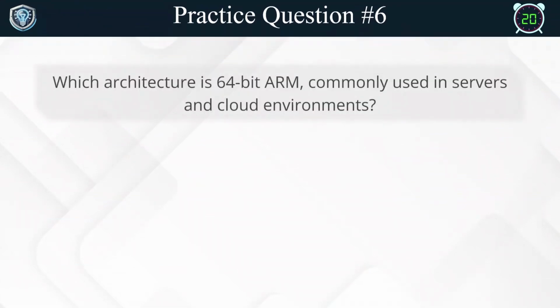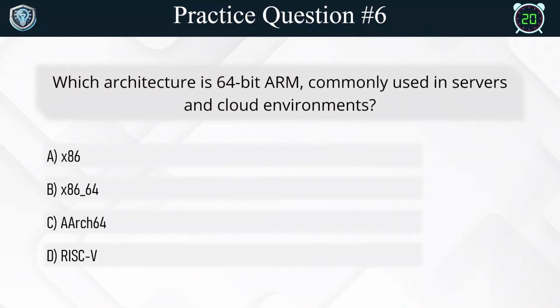The question is, which 64-bit ARM architecture is commonly used in servers and cloud environments? The options are option A, x86, option B, x86-64, option C, AArch64, option D, RISC-V.